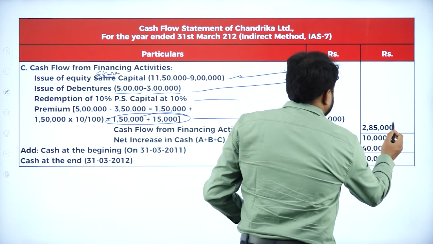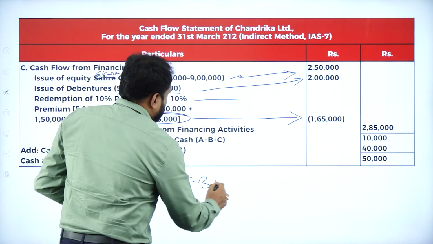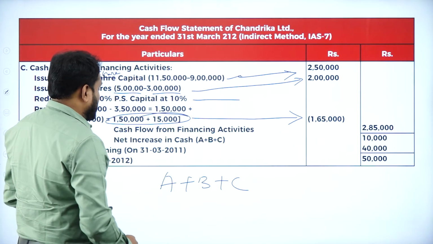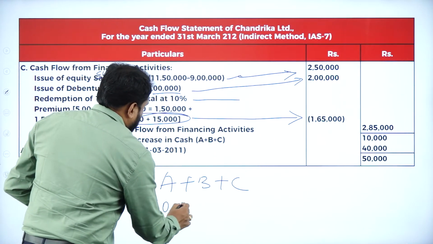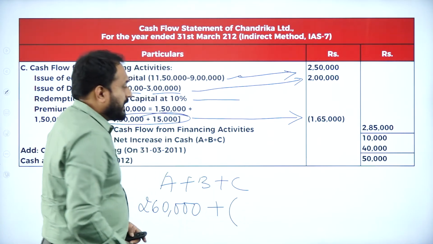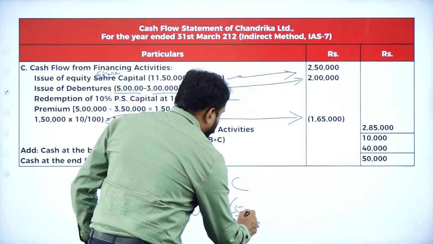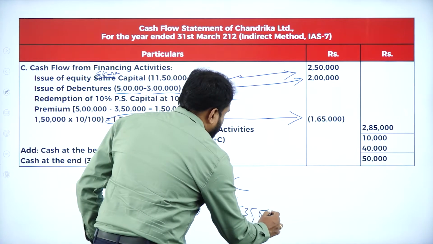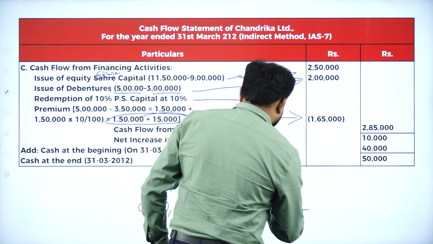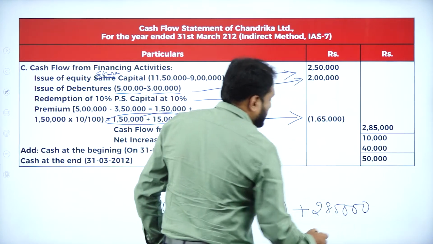After that, please understand, we substitute A plus B plus C. A is operating; how much have we got? 2,60,000. Then plus, B is investing, where we got minus 5,35,000, so we write that. And C is financing, 2,85,000.